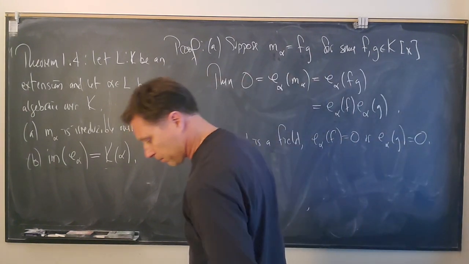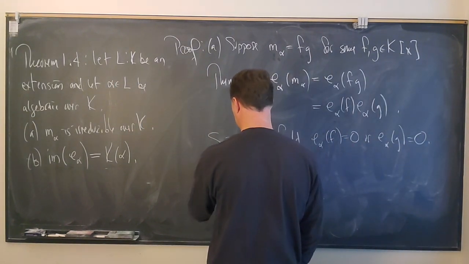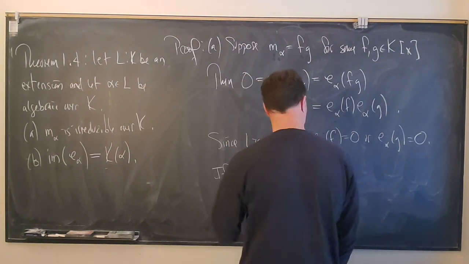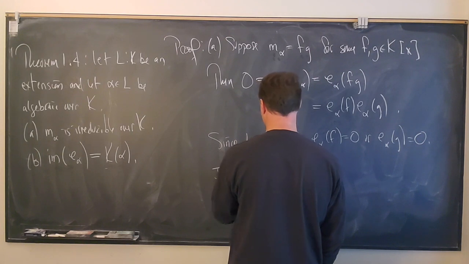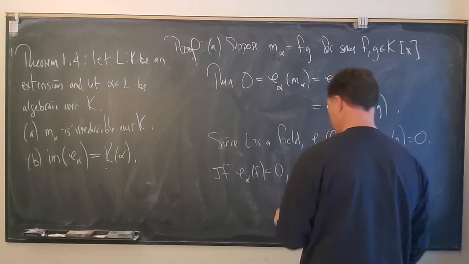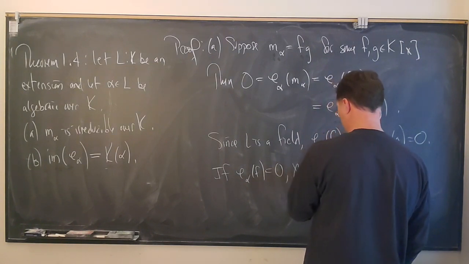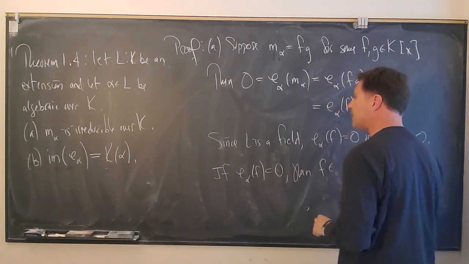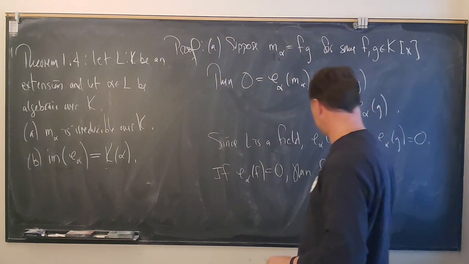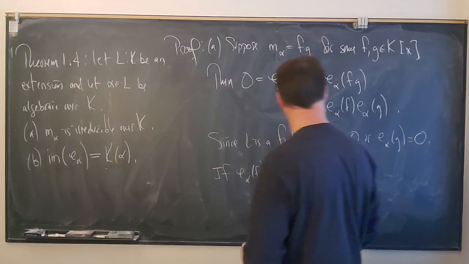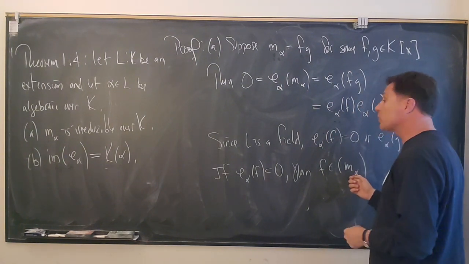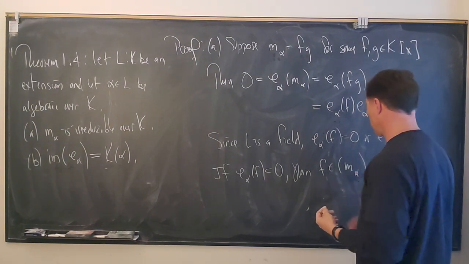Now, let's look at the case. If E sub alpha of f equals 0, then what does that mean? That means that f is in the ideal generated by m sub alpha. The ideal generated by m sub alpha is equal to the kernel.